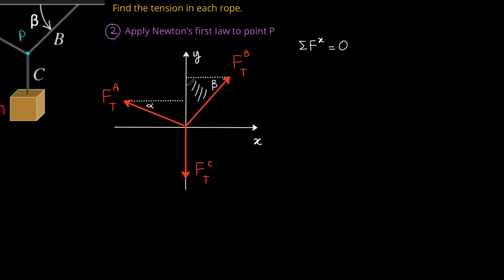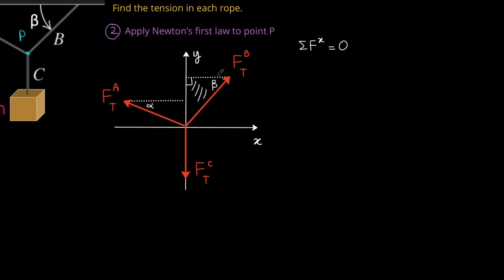This is the vector representing that tension force, and we're looking for the x component of that tension force. If you focus on this triangle here, here's a 90-degree angle. Here's the angle beta, and the x component of this force is represented by this dashed white line, right? Because the x component is how much the force vector extends in the horizontal direction, along the x direction. And this segment here actually is the x component of the tension force.